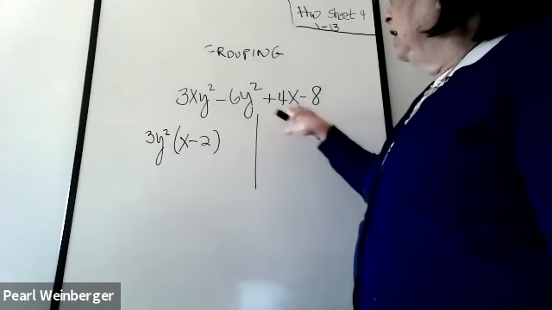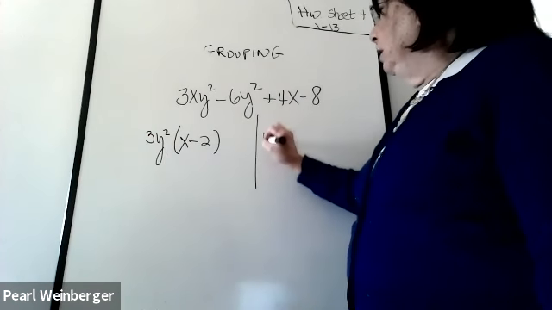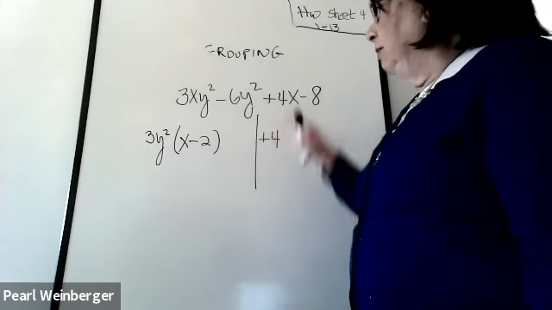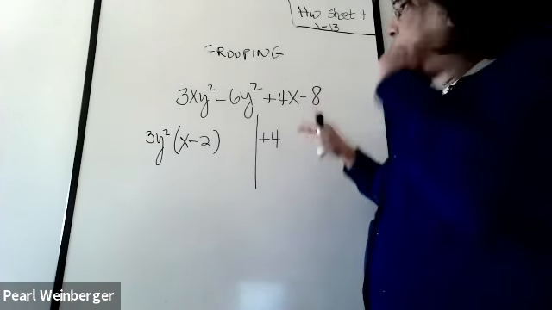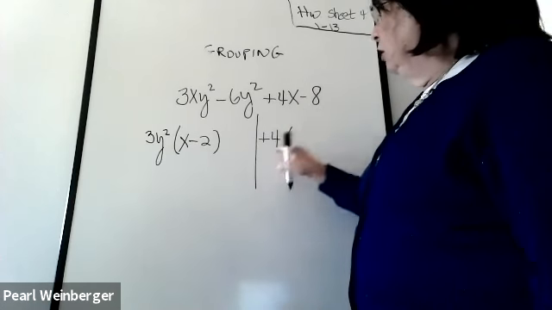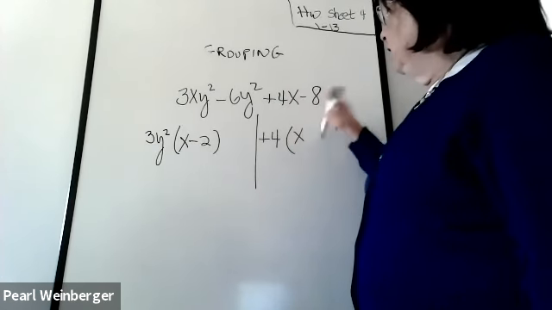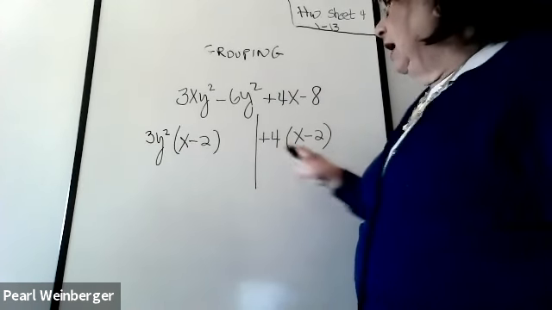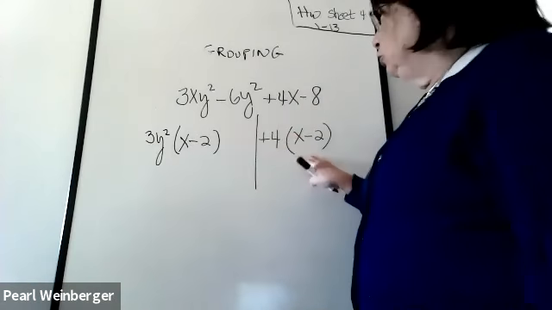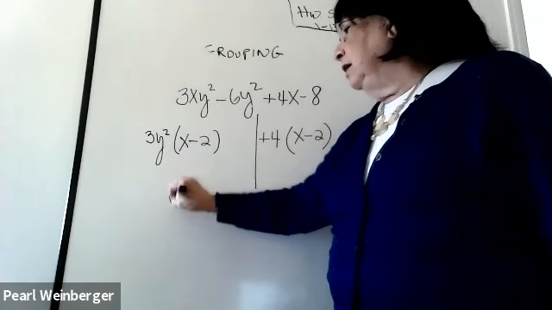Then we go to our second group. There's a 4 and an 8, so 4 is certainly a common factor of both of them, but there's no x's in both of them, so it's just plus 4. 4 into 4x gives me x. 4 into negative 8 gives me negative 2. And now I see that my common factor between the two is a common binomial factor of x minus 2.